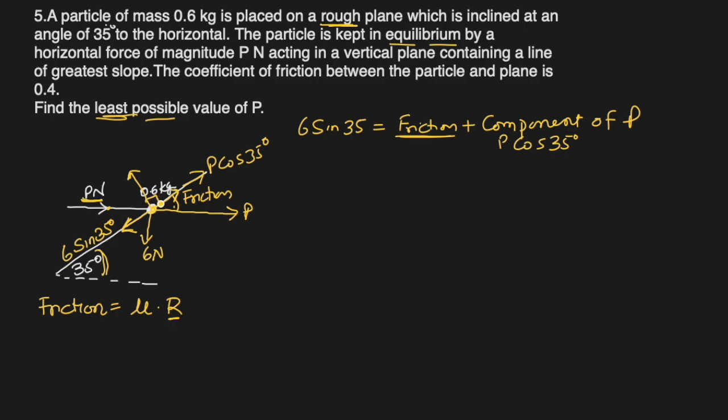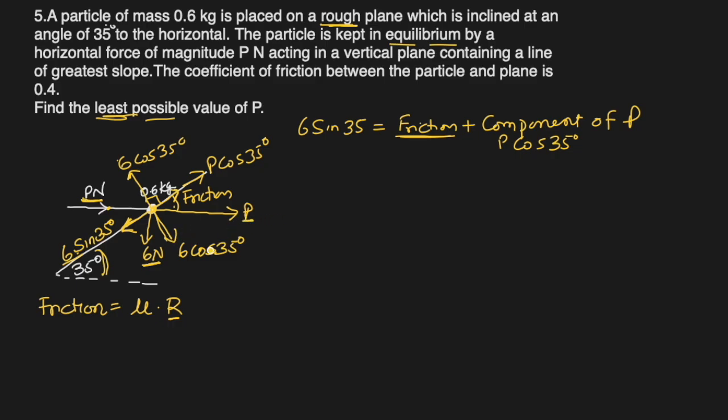Normal means 90 degrees to the surface, which will be equal to the component of this 6 Newton force. This was the sine component, down the plane. This is 90 degrees to this line, so it will be the cos component, which will be 6 cos 35 degrees, and this will also be 6 cos 35 degrees.